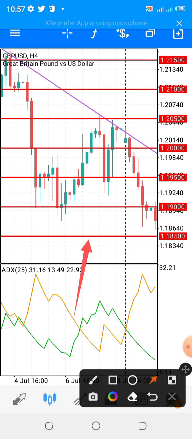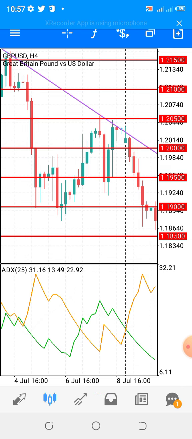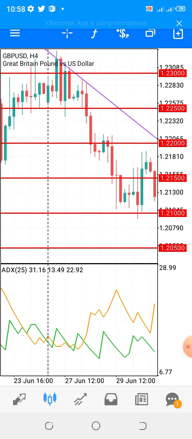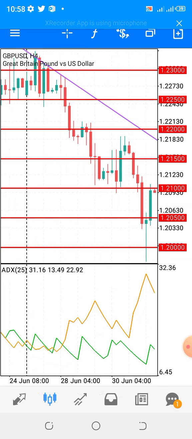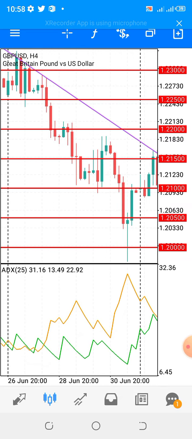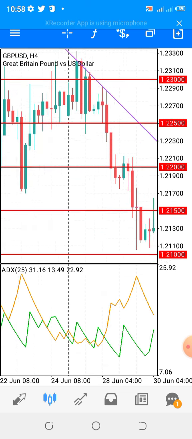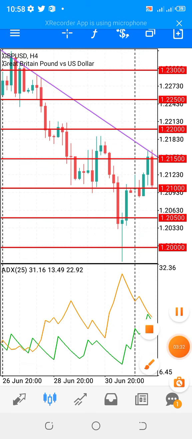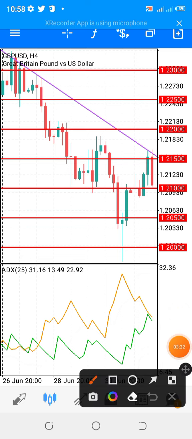Now, about the trade I took in the video I showed on my running trade, this was the trade. Now on the 4-hour time frame, this is my 4-hour time frame trend line.